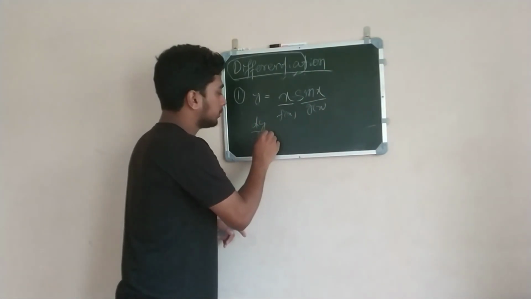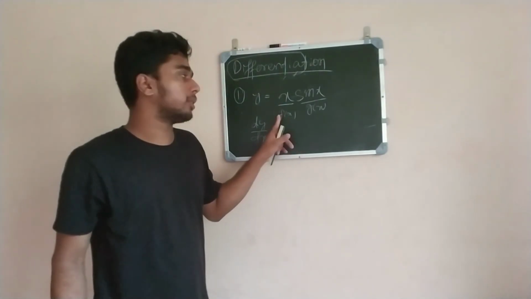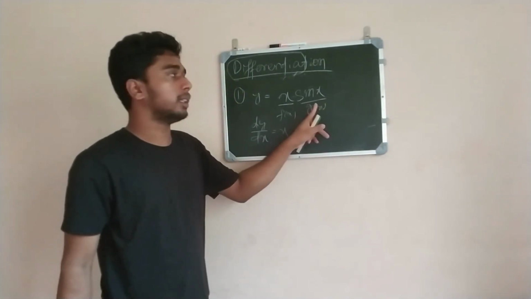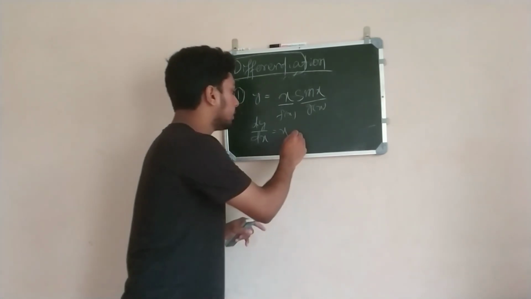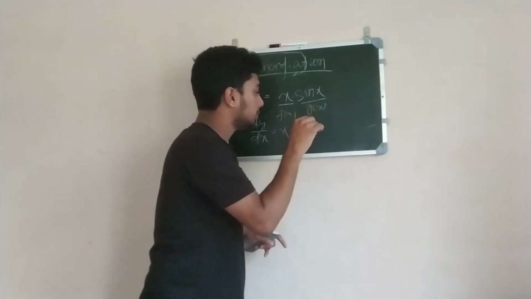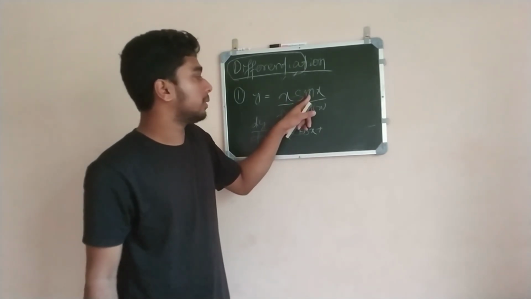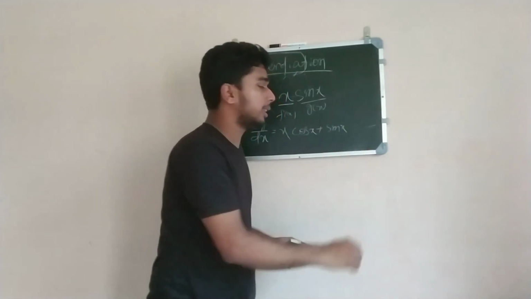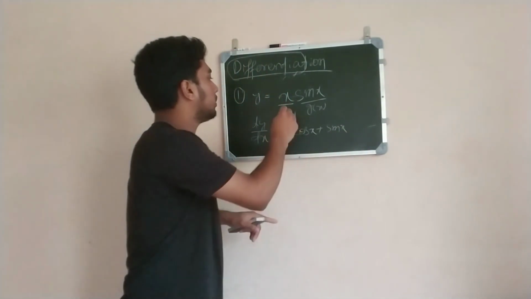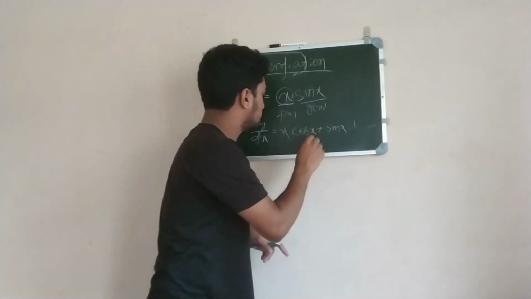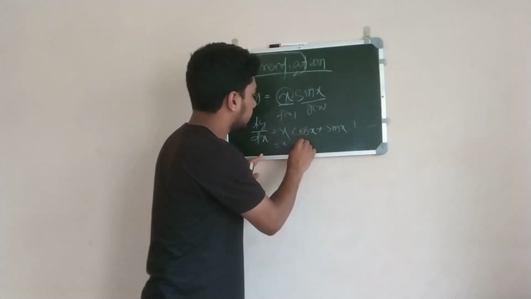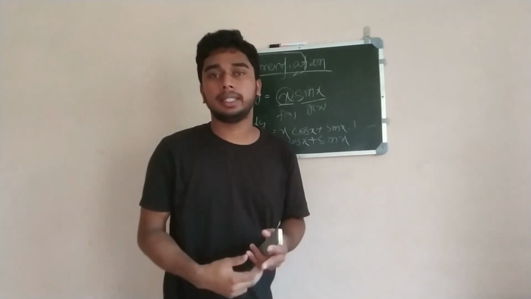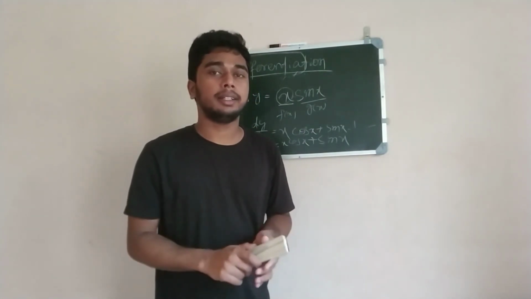Leave the first function, f of x, then take the derivative of the second, the derivative of sin x, which I discussed is cos x. Then leave the second function, g of x, which is sin x. Then take the derivative of the first function, which is 1. So the answer is x cos x plus sin x. So this is how we find the derivative.